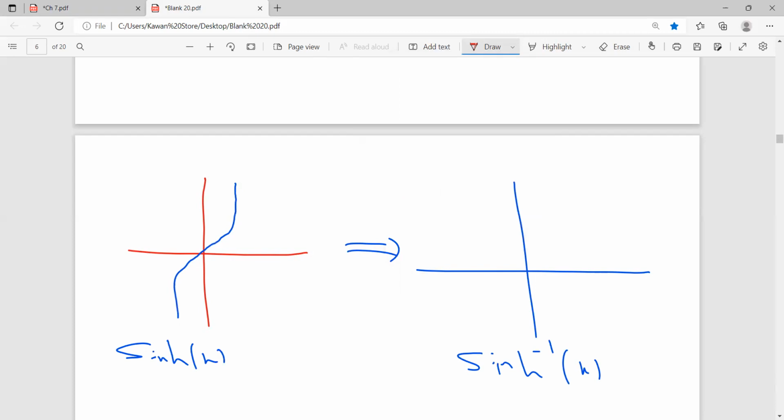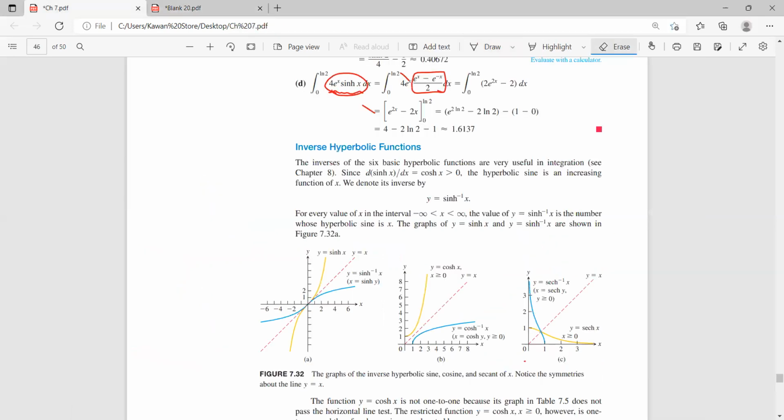We say face and back. Do you remember that? Face to the y axis, back to the x axis. Now it's going to be different: face to the x axis, back to the y axis when we reverse.